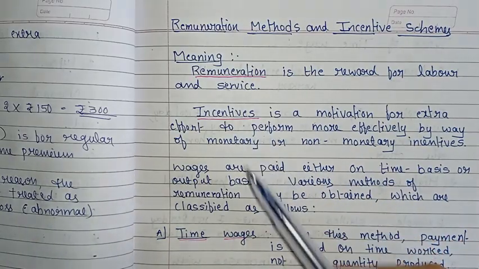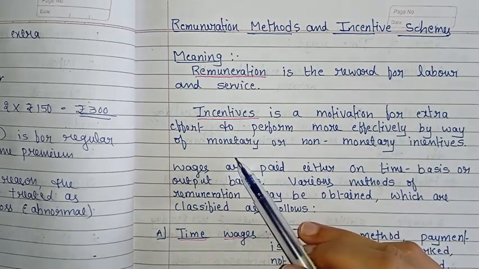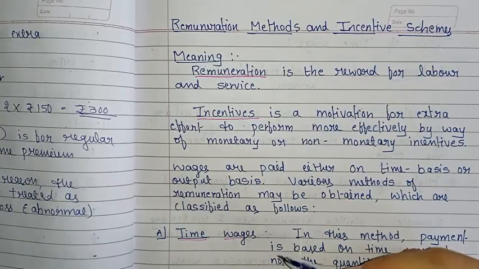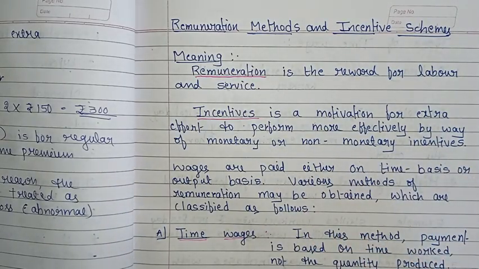And the second one is incentives. It means what? It is the motivation for extra effort to perform more effectively by way of monetary or non-monetary incentives.